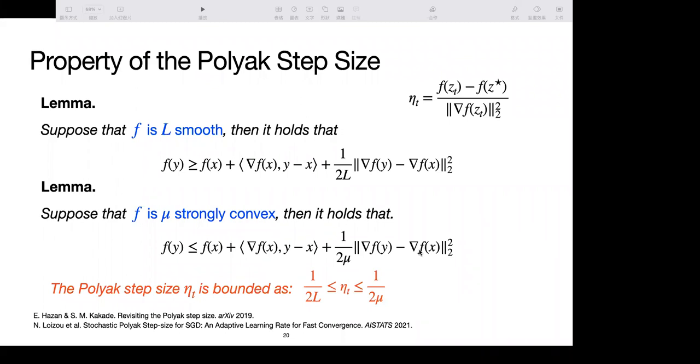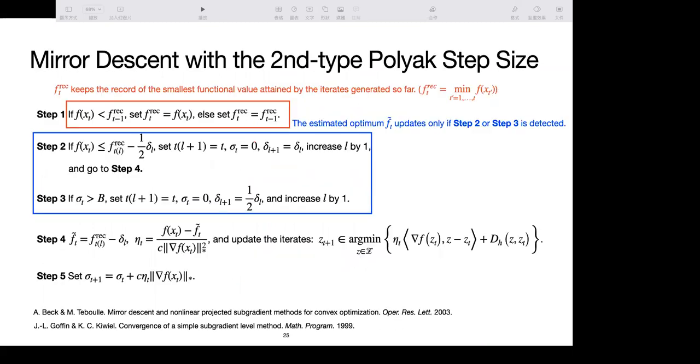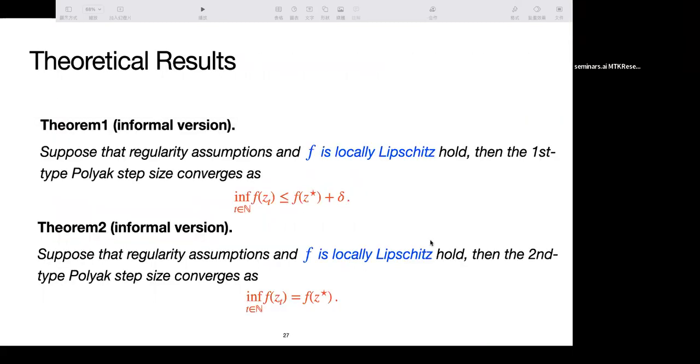Just show me the slide that shows the main difference of your work compared to others. So you mean the theoretical results? Okay. So this is the main contribution you made. Is that? Yes. Okay.